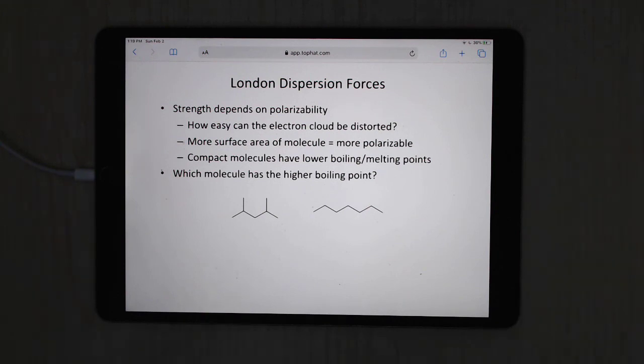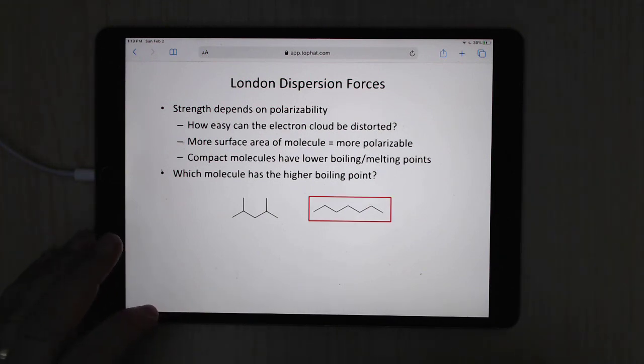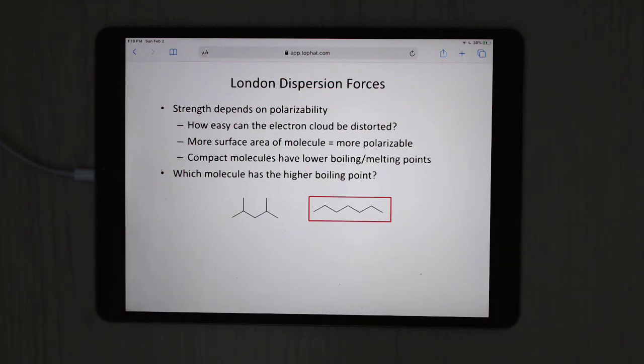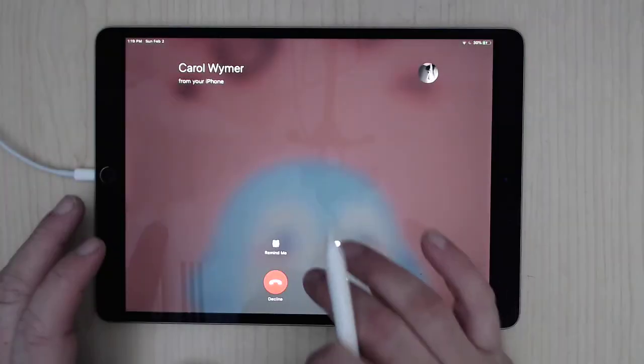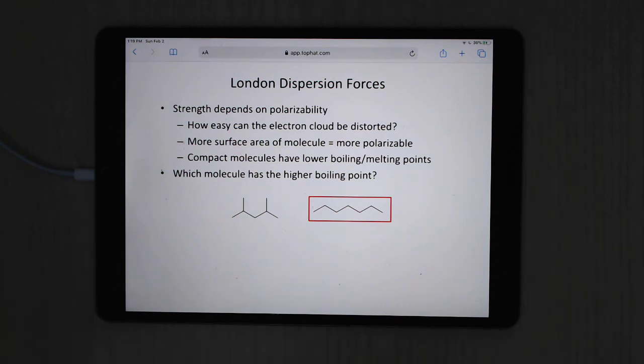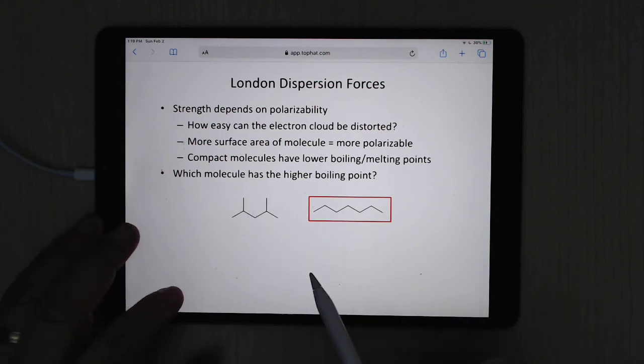The things that are compact have a lower boiling point. Here it's more stretched out. I'm sorry, I may have said this incorrectly. The more something is stretched out, the higher the boiling point, which is why this may be a solid and this may be a liquid.